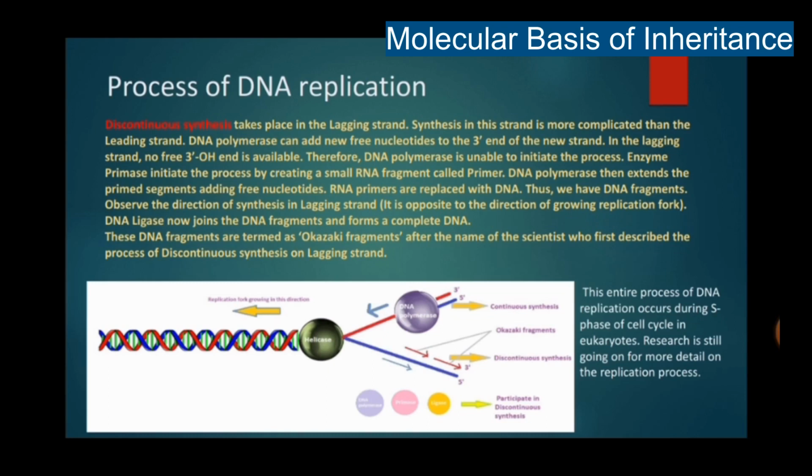So DNA ligase जो है basically fragments को join करेगा, right? So definitely bond बनेंगे. कौन से bond बनेंगे? Yes, phosphodiester bond, right? Research is still in process to learn the details of DNA replication.